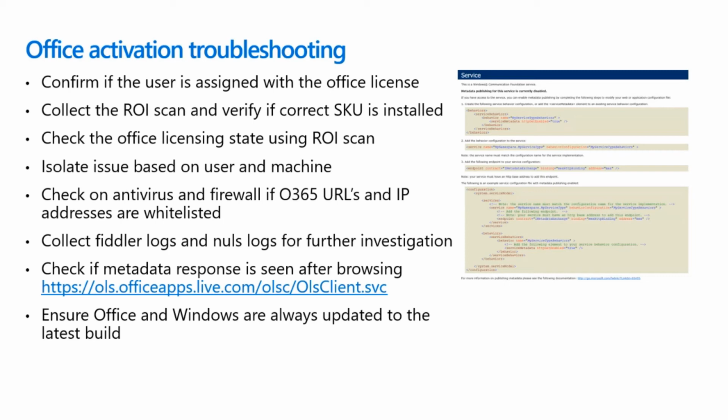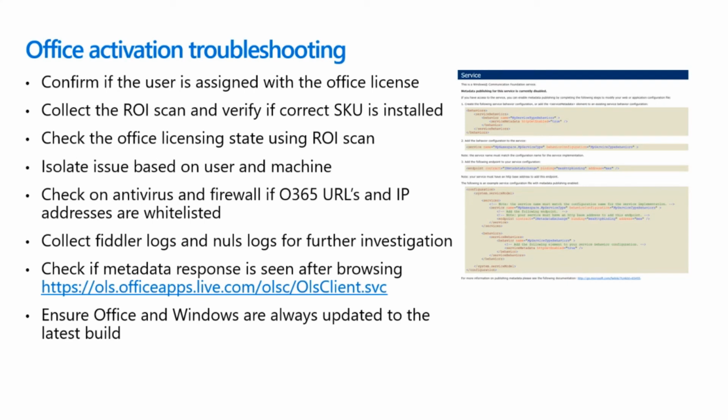And you can check based on the error codes and the status, as in how the requests are coming and how it is responding. And when it comes to activation, the other logs that we have to collect would be NULS logs. For installation, it is ULS, but for activation, it is NULS logs.